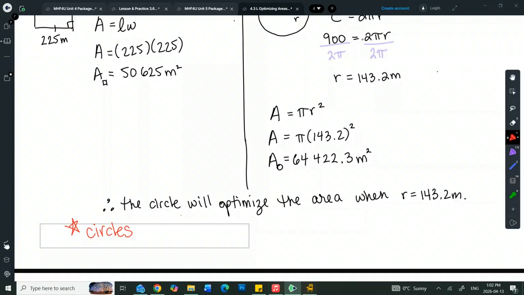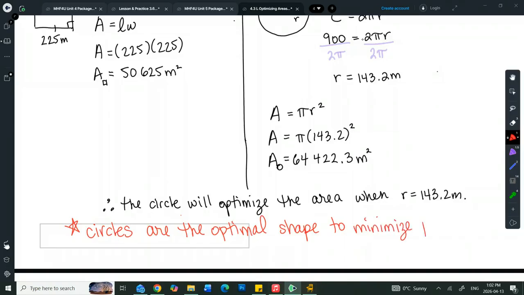They're even better than squares as far as minimizing perimeter and maximizing area. Okay, so circles are the optimal shape to minimize perimeter and maximize area.